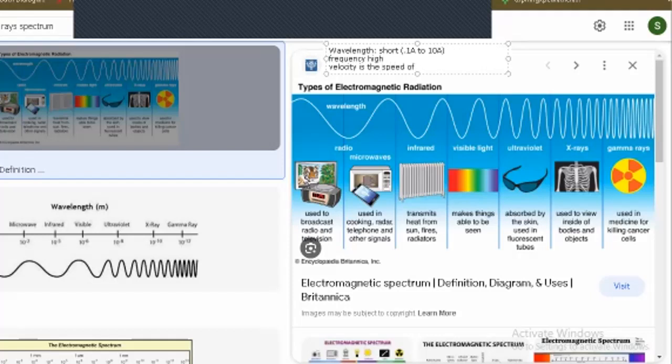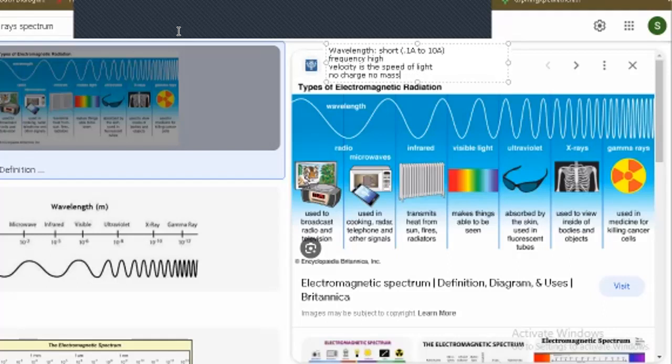They travel very fast because they have no charge and no mass, which means no deflection in the magnetic field and neither in the electric field.